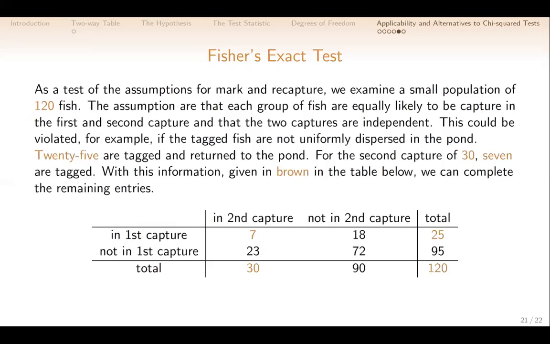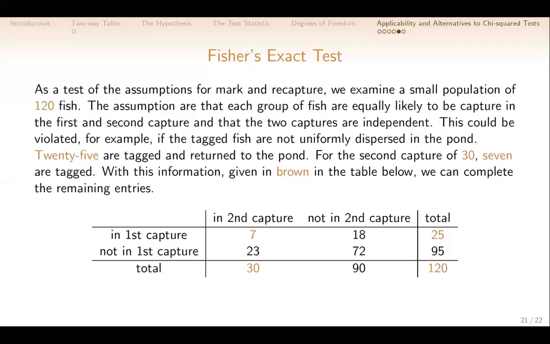There's 30 in the second capture. So that's the first column sum. And then there's 7 that were tagged. So 7 that were tagged means that it was in the second capture and in the first capture. Okay, and then I know there's 120 overall. So once I know those 4 things, I can fill in the rest. Because I need 18, not in the second capture, but in the first capture to get a sum of 25.